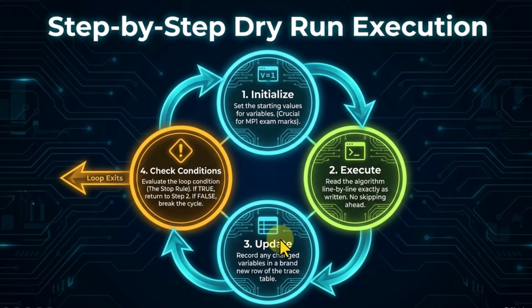Then update: record any changed variables in a brand new row of the trace table. So inside the trace table, you write that this variable's value changed to something like this. And after that, check the condition again, to see if you need to perform these things again or not. If the condition is false, you exit the loop. That is what you will keep doing.